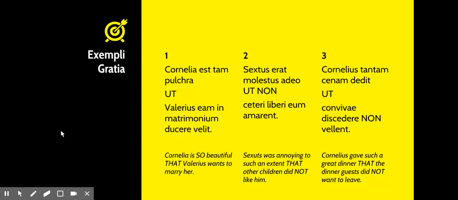Sextus was annoying to such an extent that other children did not like him. And finally, I've separated the ut and the non in our third example here. Cornelius tantam cenam dedit, ut convivae discedere non velint. Cornelius gave such a great dinner that the dinner guests did not want to leave.